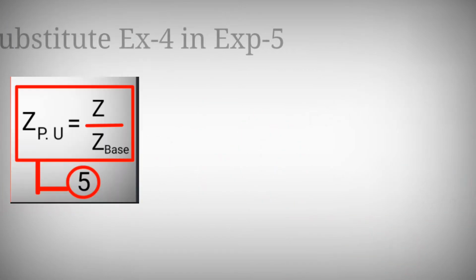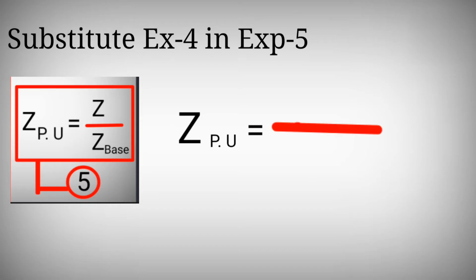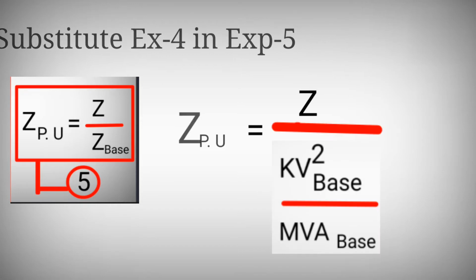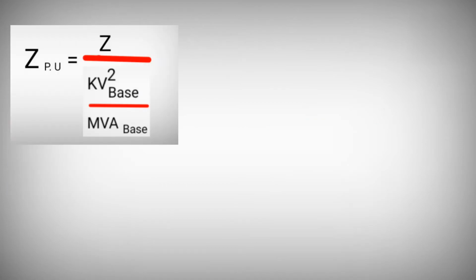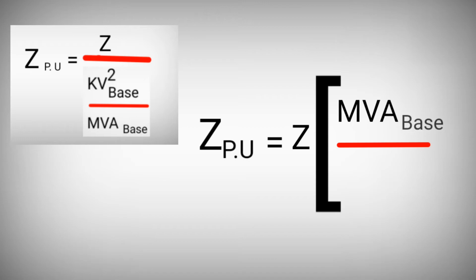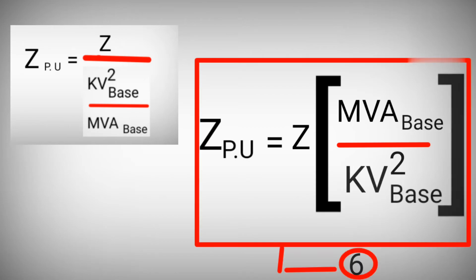Substitute expression 4 in expression 5, we get Z per unit is equal to Z by kV base square by MVA base. Rearranging this, we get Z per unit is equal to Z of MVA base by kV base square, numbered as expression number 6.